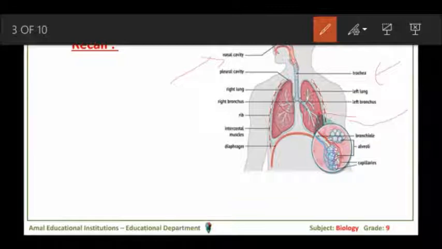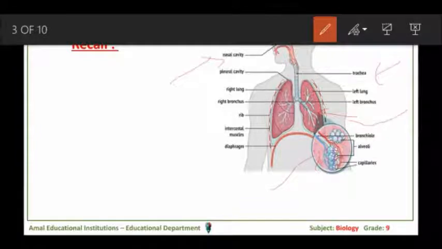Inside each lung, each bronchus ramifies into bronchioles, and at the end of each bronchiole there are bundles of air sacs that we call pulmonary alveoli. Notice here, the alveoli are surrounded by blood capillaries.